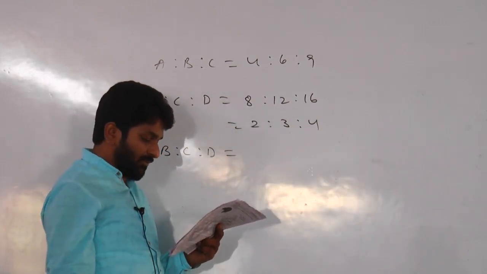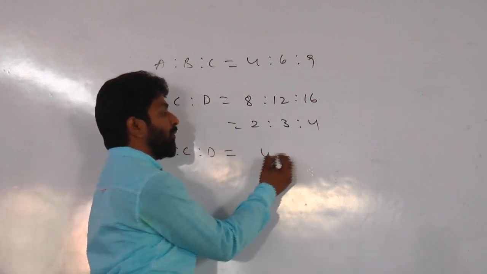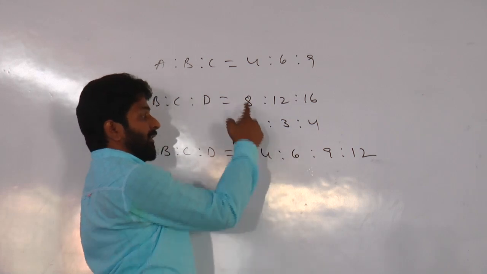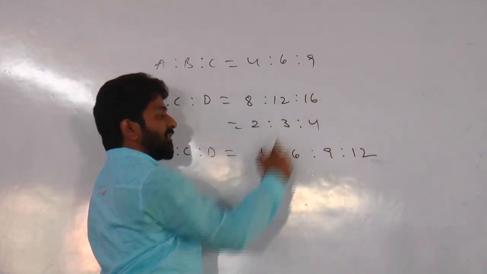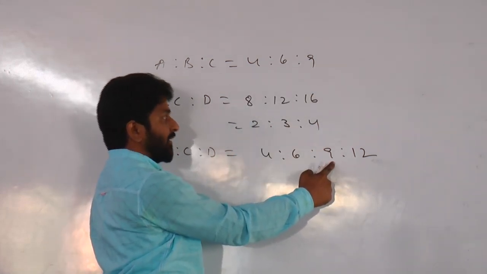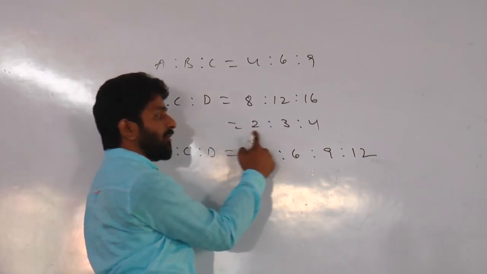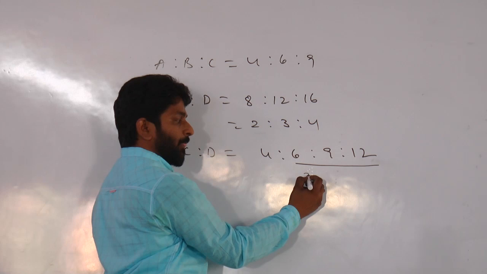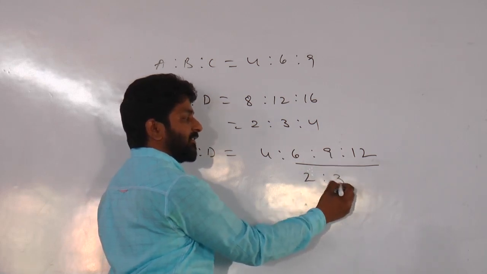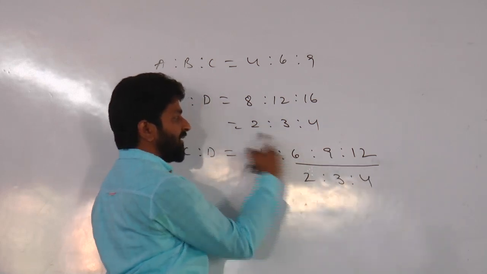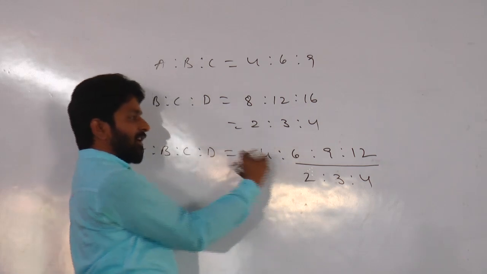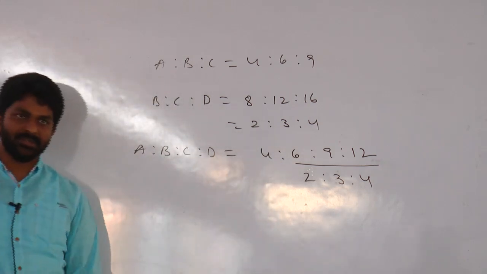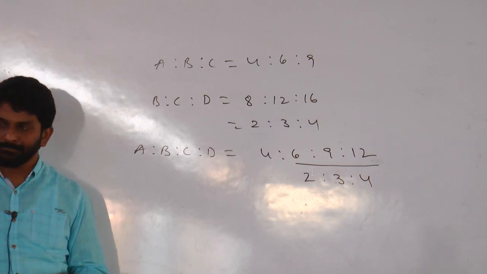Second option, what do you have? 4, 6, 9, 12. Is A, B, C ratio 4 is to 6 is to 9? Yes. And now B, C, D ratio must be equal to 2 is to 3 is to 4. Verify it. Cancellation with 3. This is 2 times, 3 times, 4 times. Is it equal to 2 is to 3 is to 4? Hence 4 is to 6 is to 9 is to 12 is our answer. Verify it from options. Okay.